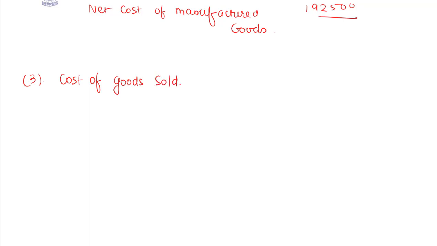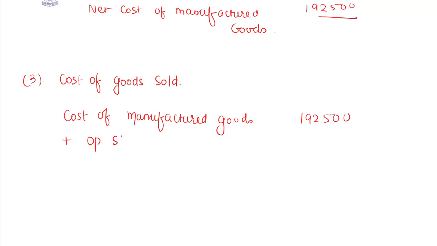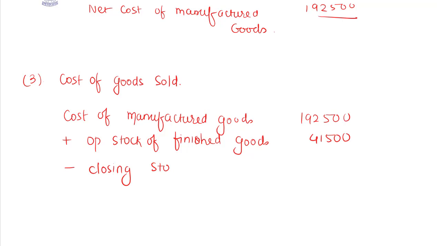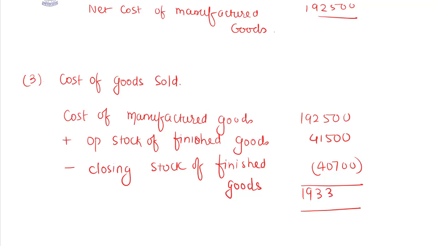Cost of manufactured goods 192,500 plus opening stock of finished goods 41,500 minus closing stock of finished goods equals 193,300. This is cost of goods sold, COGS.